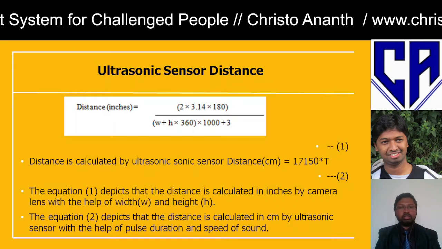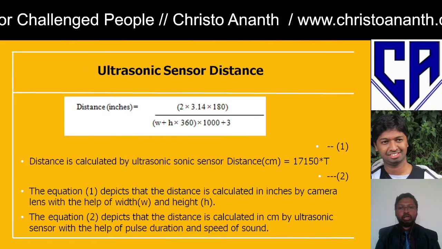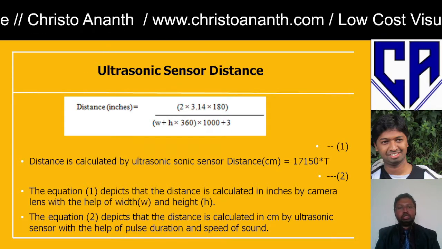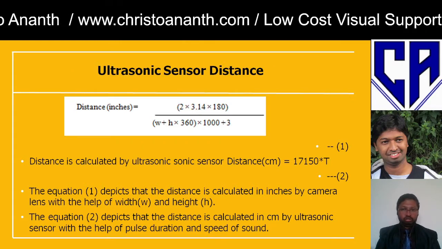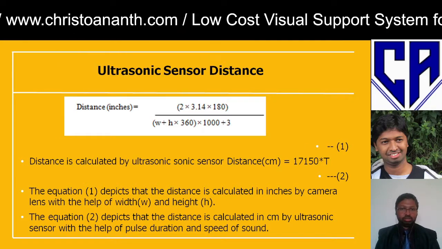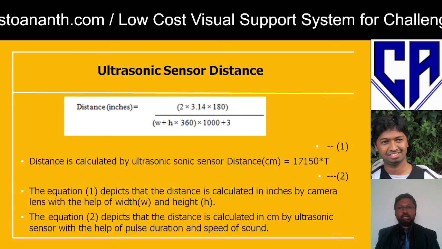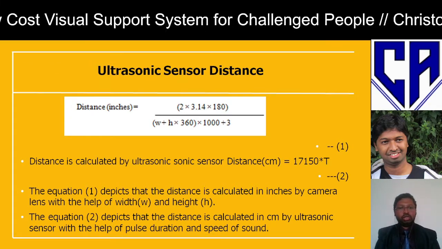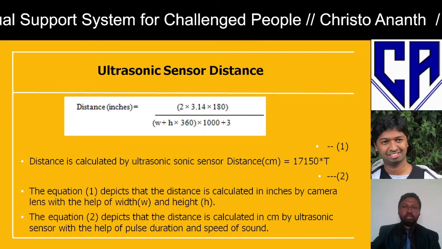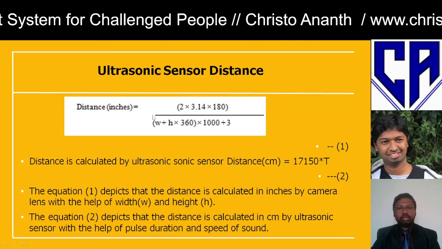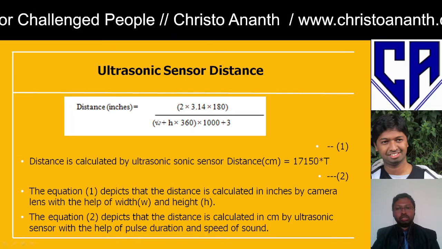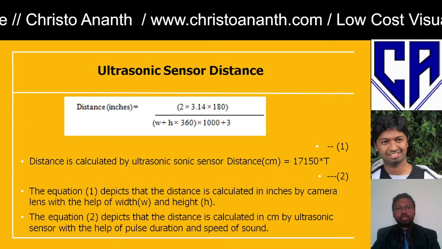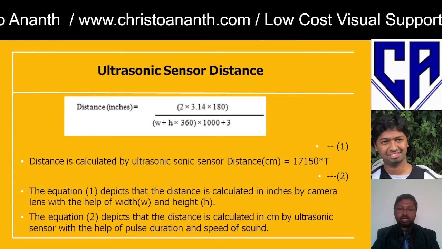So this is the distance in inches. We have calculated 2 multiplied by 3.14 pi into 180 divided by w plus h into 360 multiplied by 1000 plus 3. So the distance is actually calculated by 17150 multiplied by t. So that's actually the first equation. If you see over here, the first equation is definitely going to give you the distance, which is calculated in inches by the camera lens with the help of the width as well as the height.